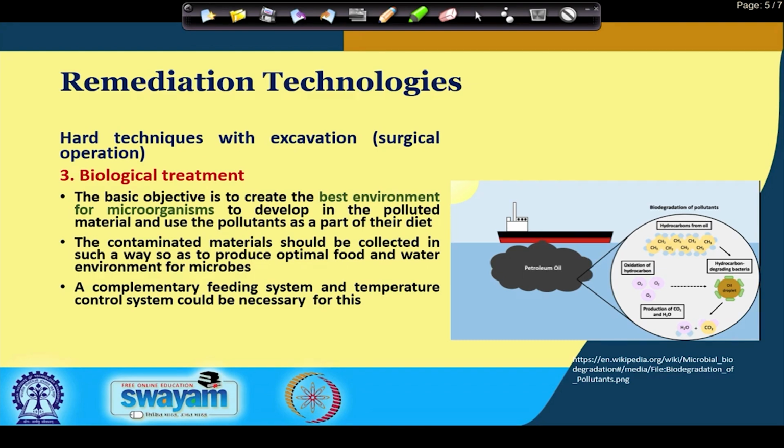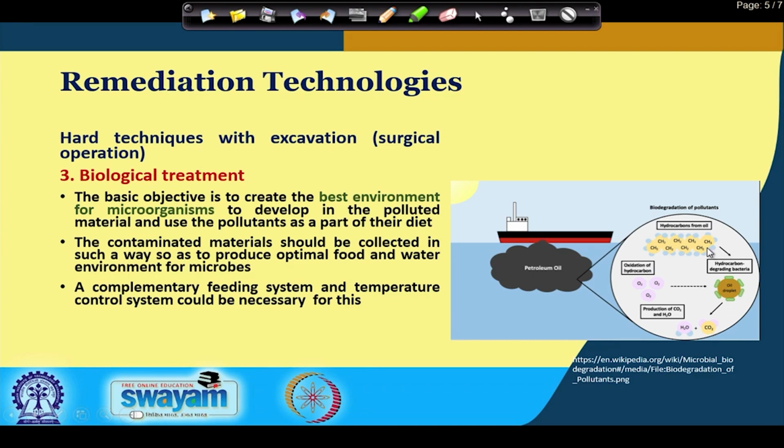So, you can see here in this picture the petroleum is spilled. We can see that the petroleum spill occurred from this oil tanker in the ocean, and as a result the hydrocarbons are acted upon by hydrocarbon degrading bacteria, which convert the oil droplets into water and carbon dioxide by adding oxygen.